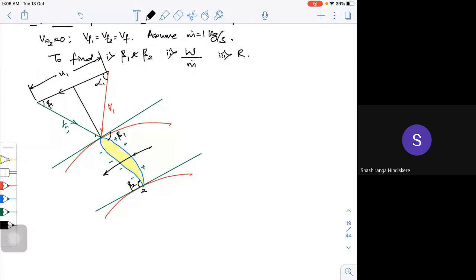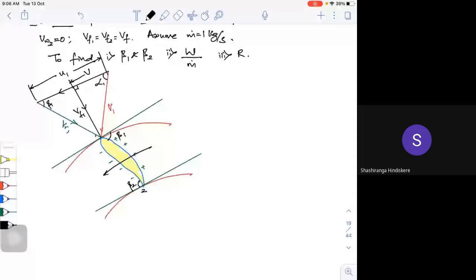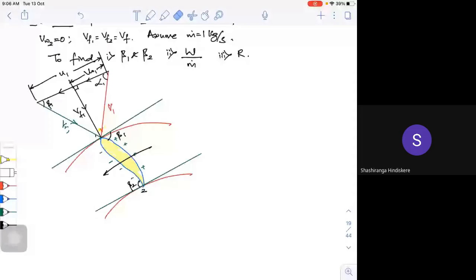Then I have one more component of velocity, that is VW1, which is in this direction. So I have written all the components of velocity here, and this is my inlet velocity triangle.